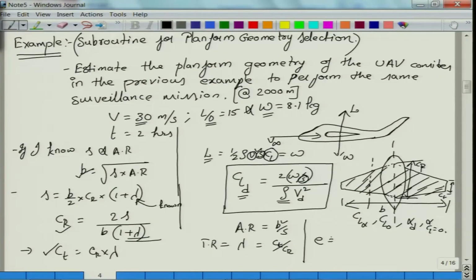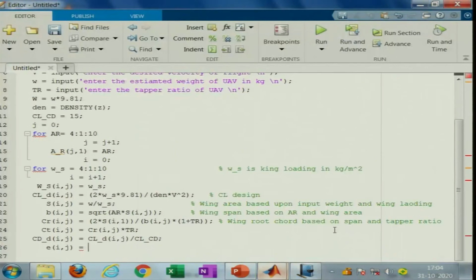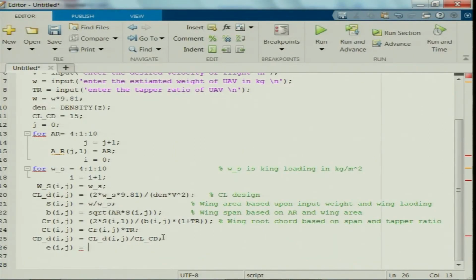Value of E can be estimated using this empirical relationship based upon the aspect ratio of the wing: 1.78 times (1 minus 0.045 times aspect ratio raised to the power of 0.68), minus 0.64. This is for a straight tapered wing. Using this expression we will be able to identify E, Oswald's efficiency factor for a straight tapered wing, and again it is based upon this empirical relationship.